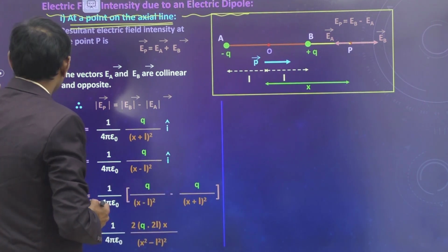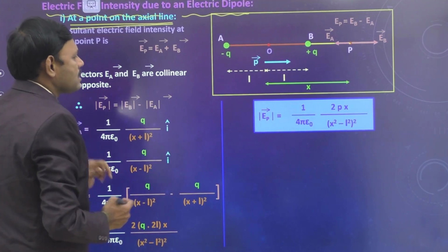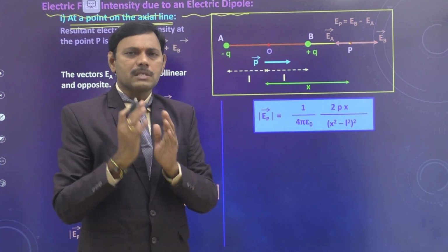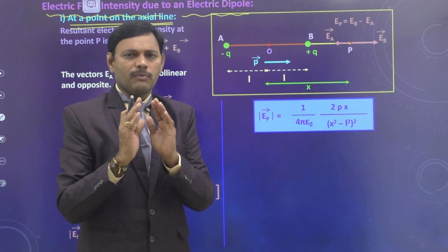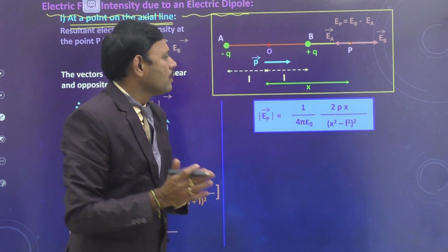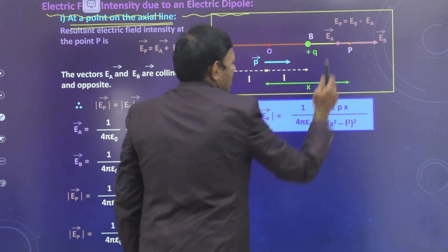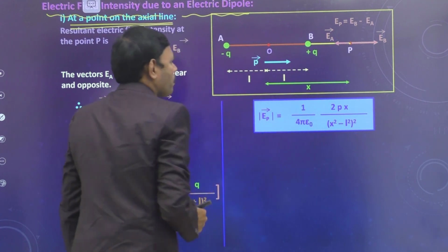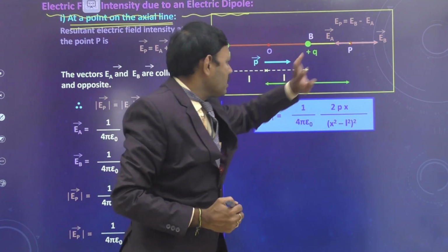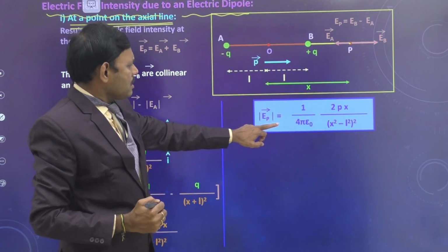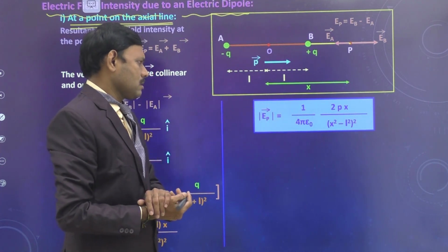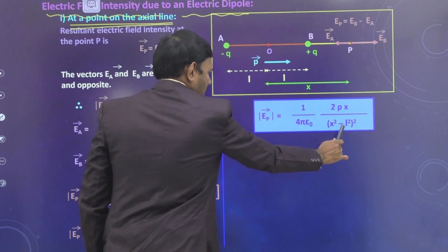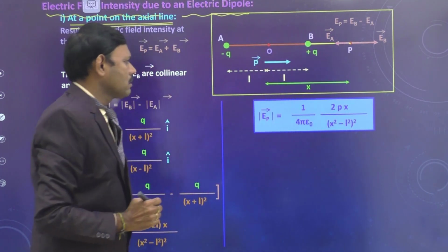Here let us look at the ultimate formula. As we are revising, I strictly confine myself to the final expression. That is my aim. When you consider point P on the axial line at a distance x from the center of the dipole, then the electric field at that point is ultimately 1 by 4 pi epsilon naught into 2px by (x square minus L square) whole square.